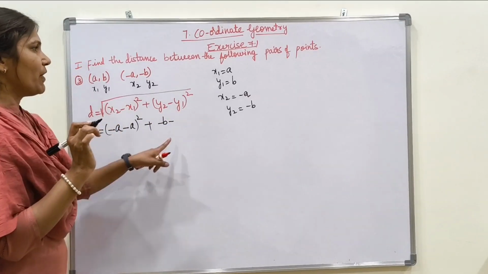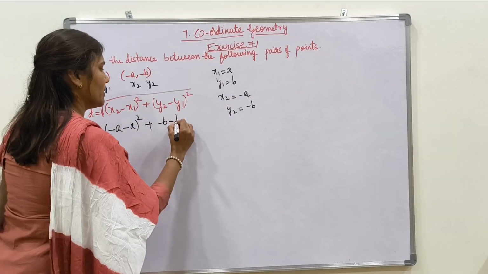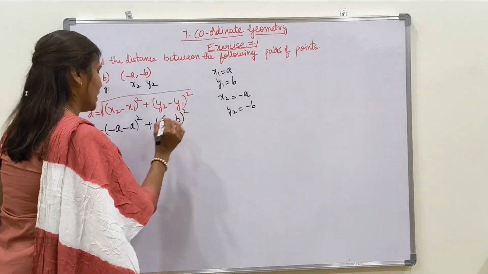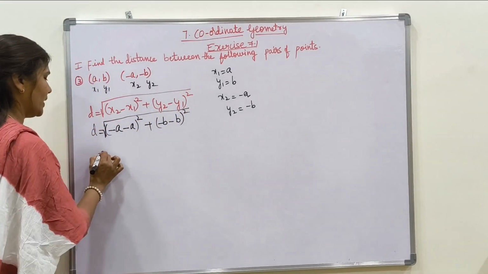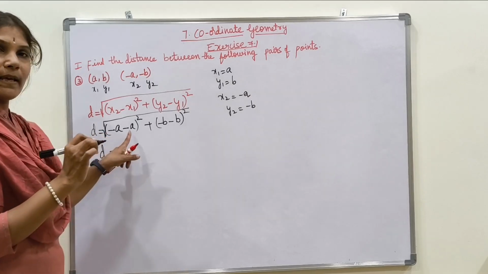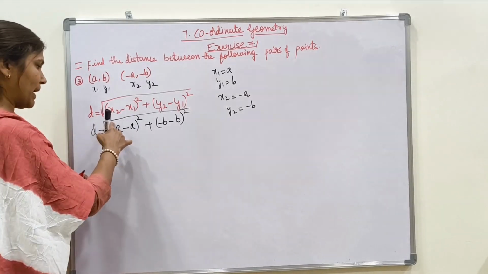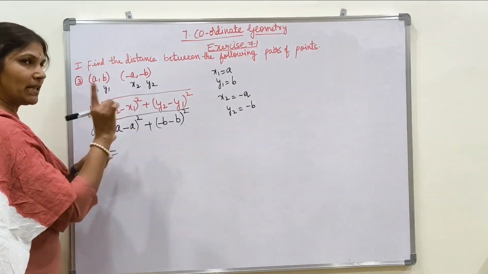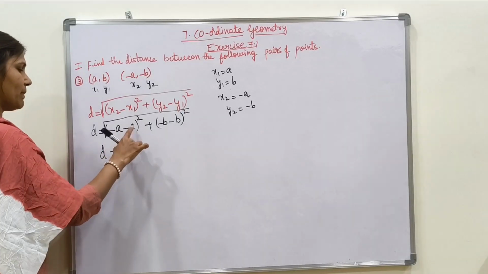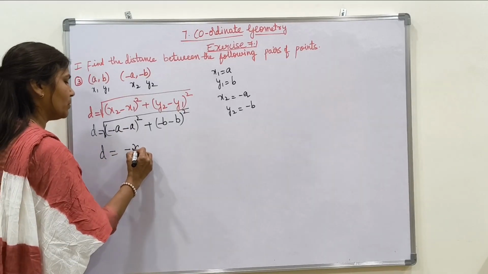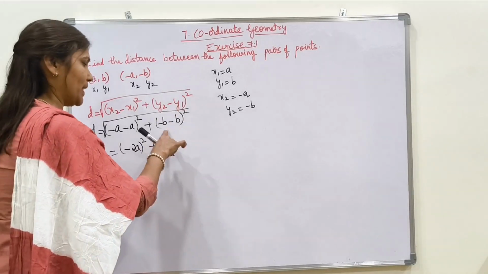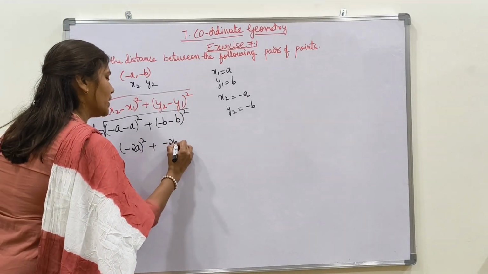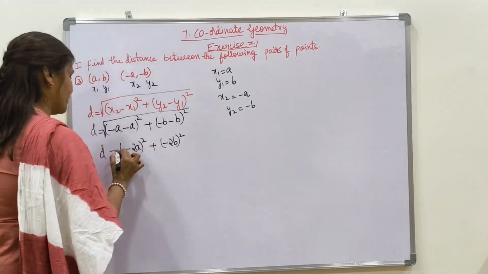Keep minus. y1 means B, whole square under root. Now carefully simplify. D is equal to minus A minus A, minus 2A. Here nothing is at the back, it is one number. Minus 1 minus 1 is minus 2. So minus A minus A is minus 2A whole square plus minus B minus B is minus 2B whole square under root.